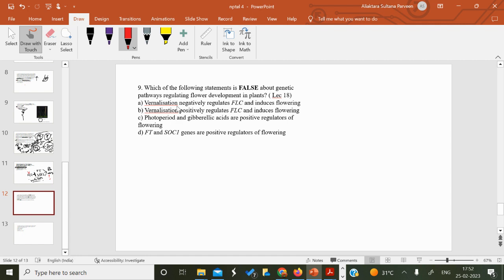So here is some term, vernalization. Do you know what vernalization is? Any idea what vernalization is? Okay, so vernalization is a cold treatment.